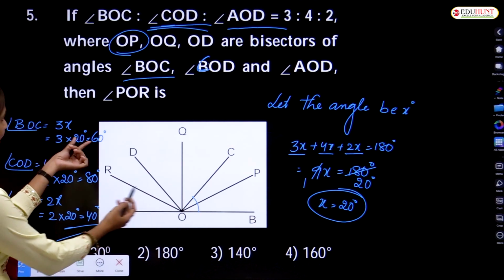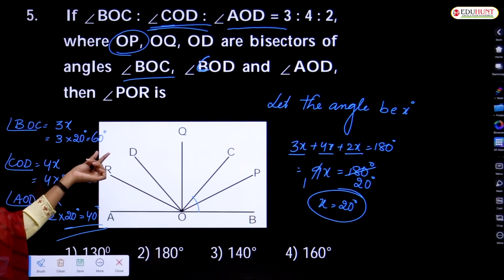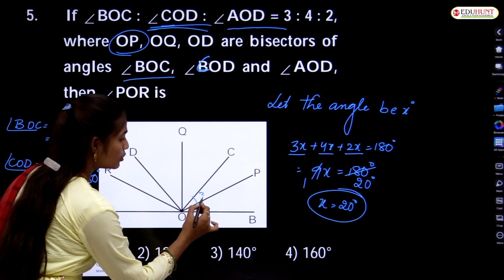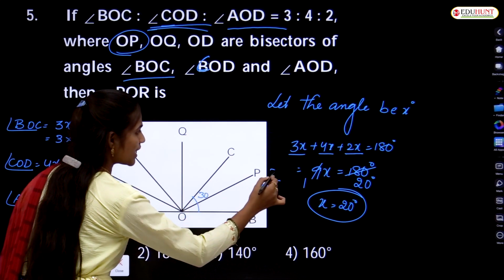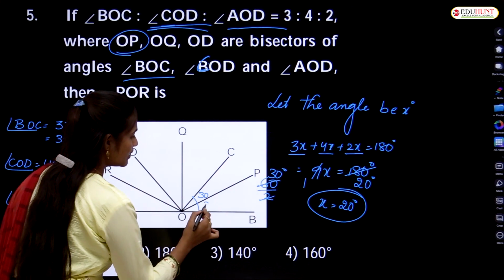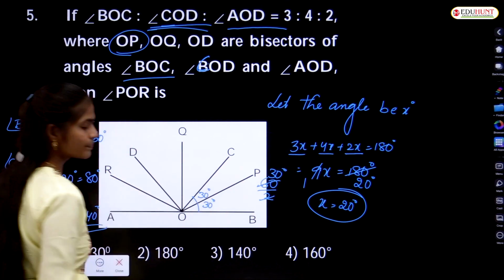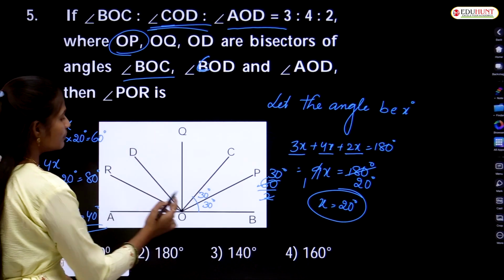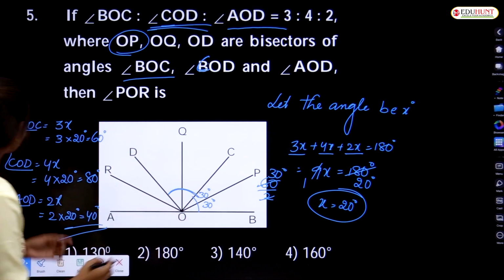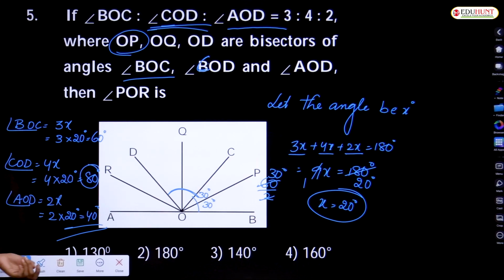So that angle is 60 degrees, so 60 degrees divided into two equal parts. 60 by 2 is equal to 30 degrees, so each part is 30 degrees. So this is also 30 degrees. Clear? Next, another one is COD. Here angle COD is equal to 80 degrees.